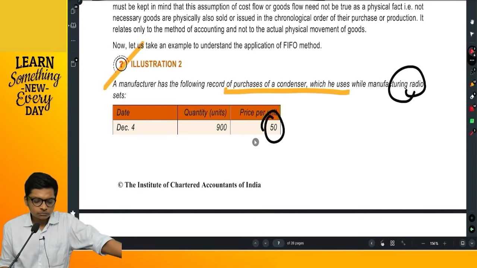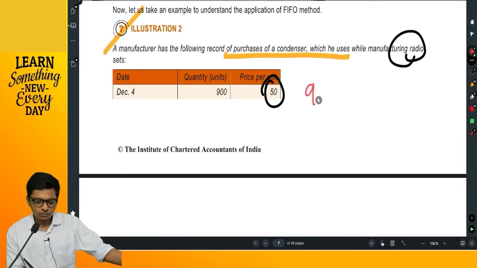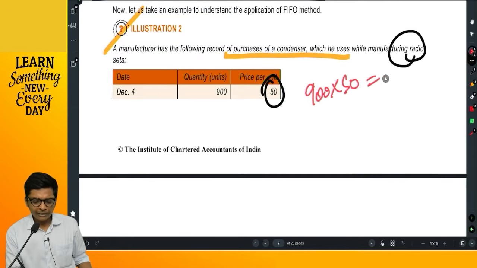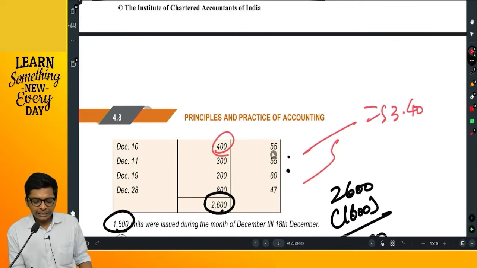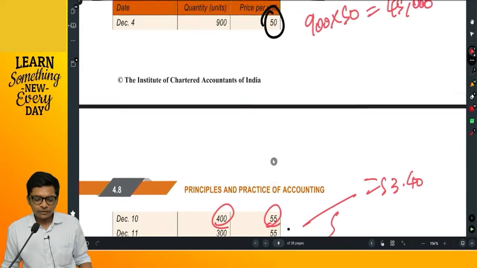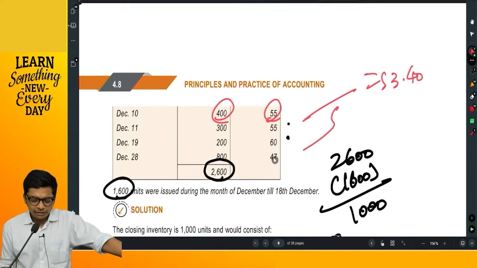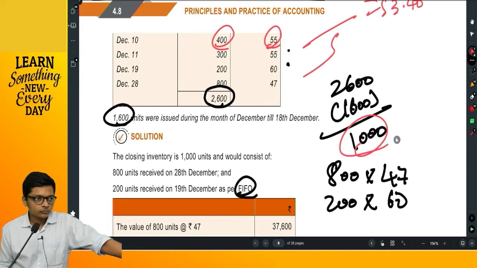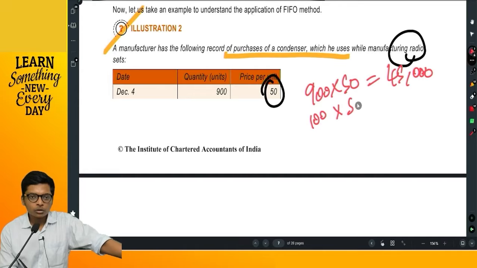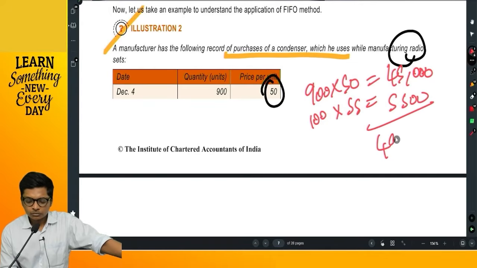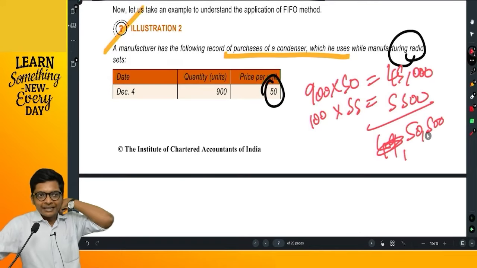So it is 950 into 45, which is 45,000 plus 102, 55. Because total units left are only 1000, no? So totally 49,000, 50,000.